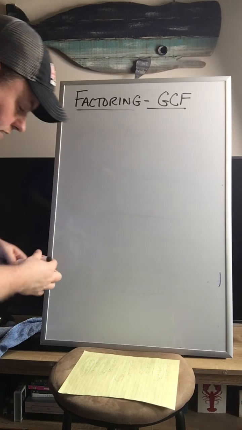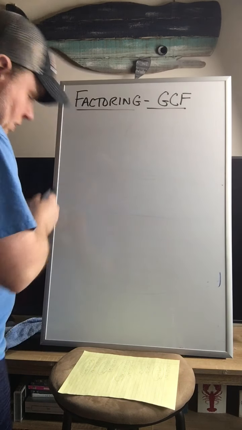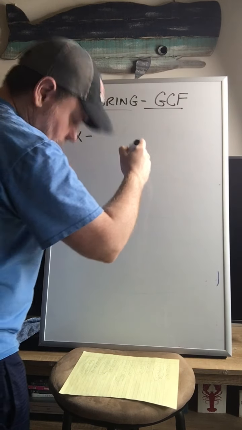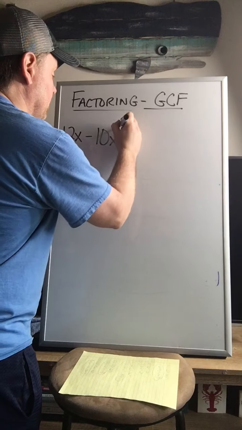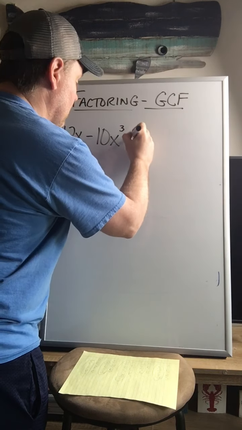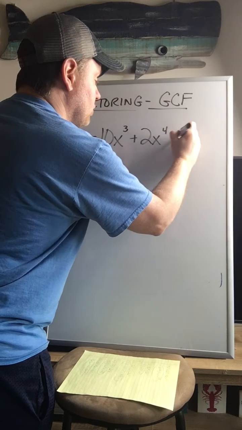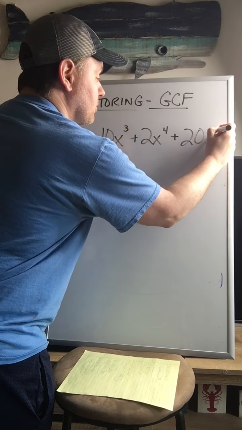Okay? So here's another one. 12x minus 10x to the third plus 2x to the fourth plus 20.